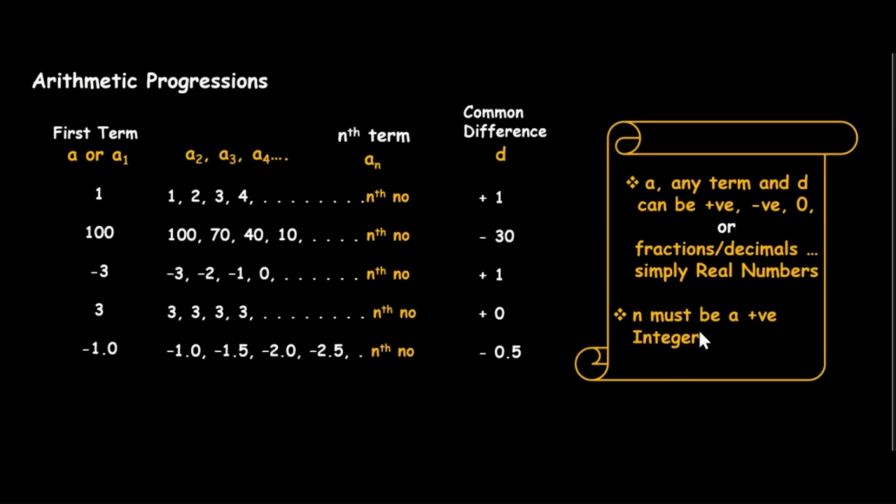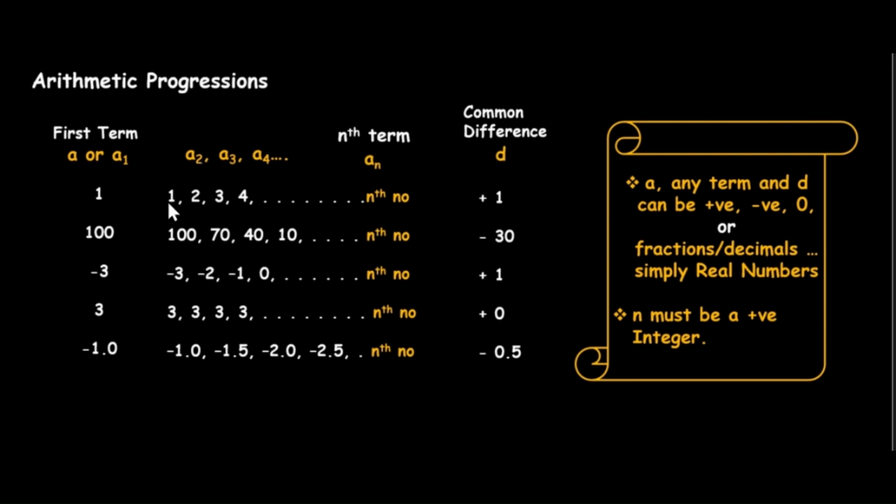Let us see the reason why n must be a positive integer. As we have discussed, the first term of the arithmetic progression is indicated with A or A1 to indicate that it is the first position within the arithmetic progression. Similarly, the second term is in second position, which is indicated by A2.